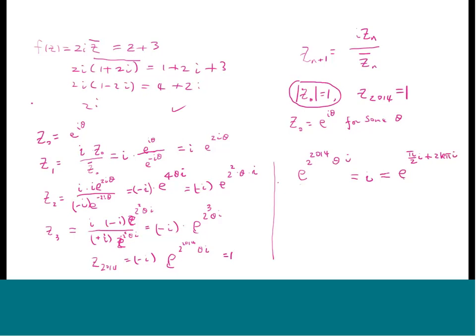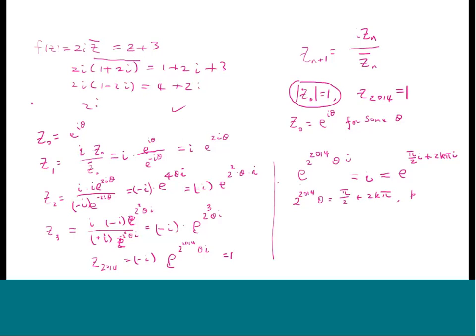K is any integer. K can be 0, 1, anything. So you get 2014 theta equals pi over 2 plus 2K pi.